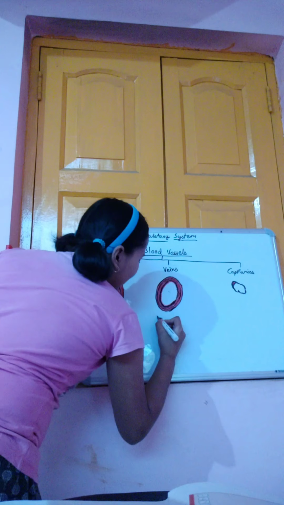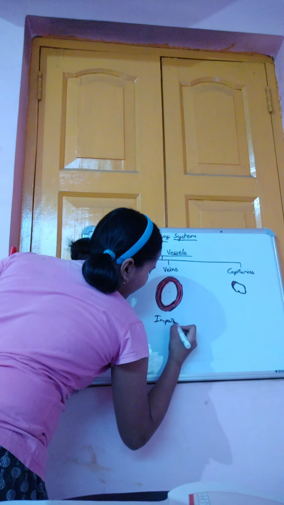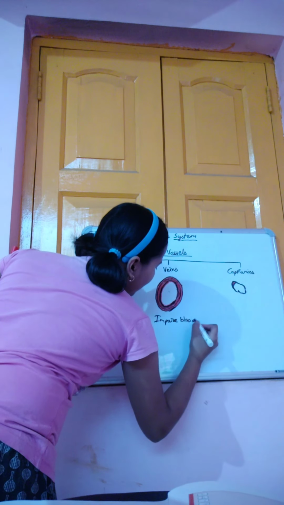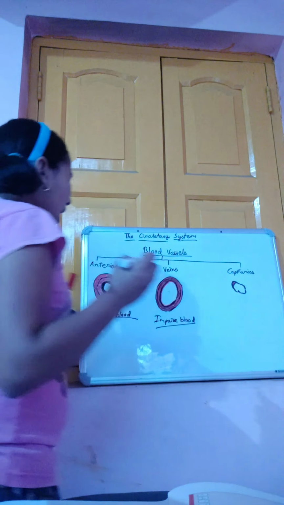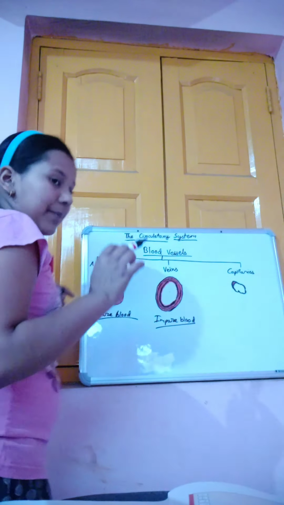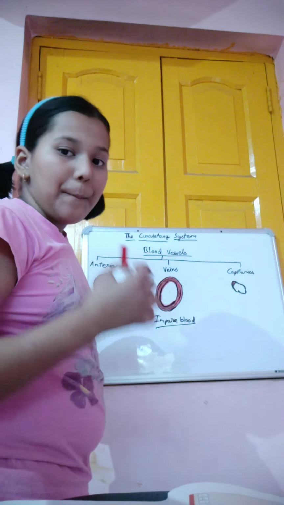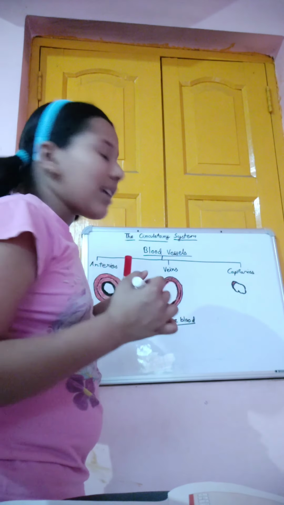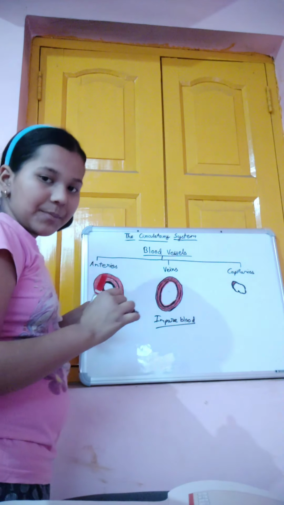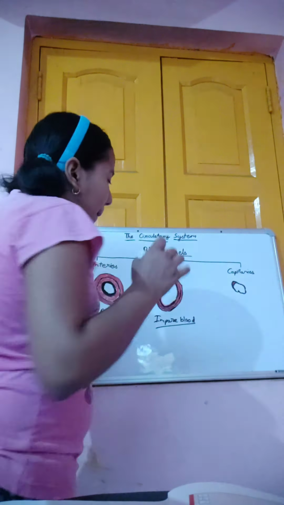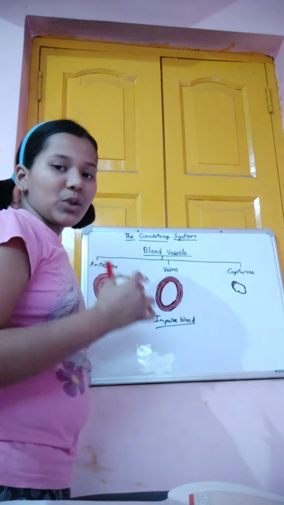The vein carries impure blood, which means oxygen-deficient blood. Now, veins can be seen in some parts of our body where they are close to the skin. They are a little thin there. The veins can be seen as greenish blue lines.